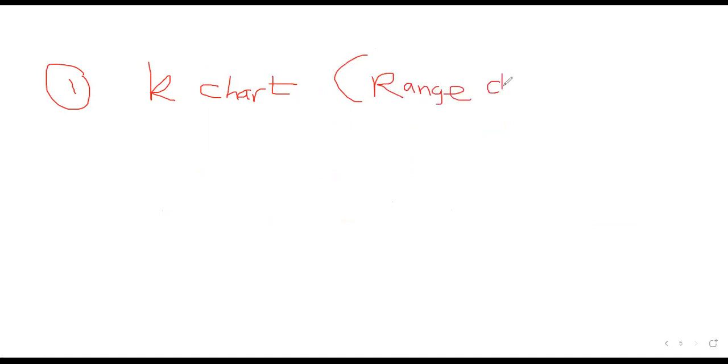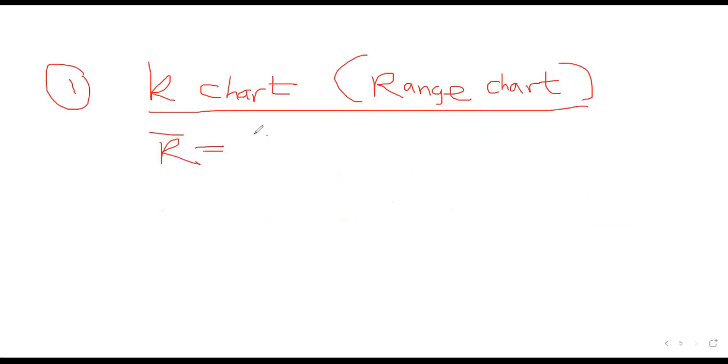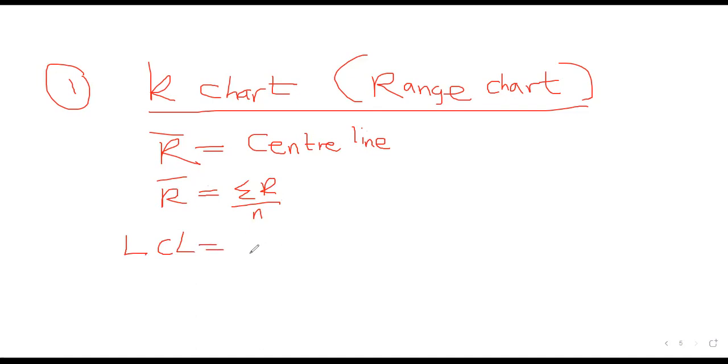Under this range chart, R bar is the center line, where R bar is equal to the summation of R over N. The lower control limit is equal to D3 R bar.